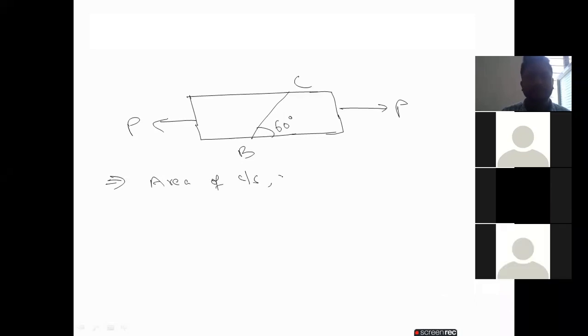Area of cross section, capital A, equal to 11,000 mm square.